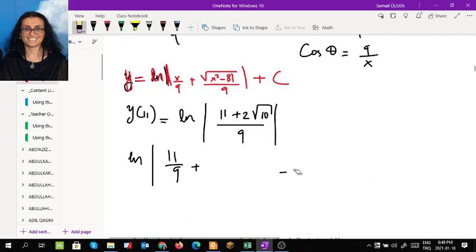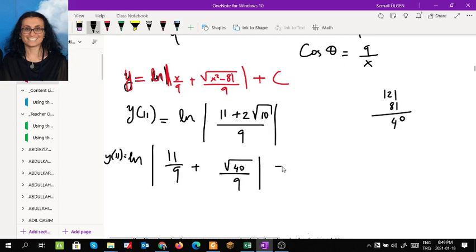Let me do that. I'm going to plug in 11, so let's start with y(11). y(11) is equal to, I plug in 11 over 9. 11 squared is 121. 121 minus 81, you get 40. Square root of 40 over 9.